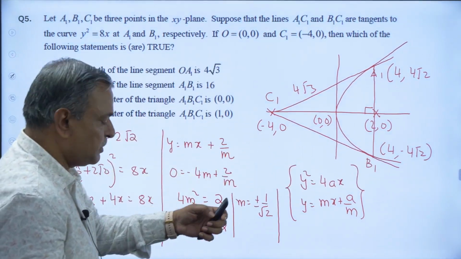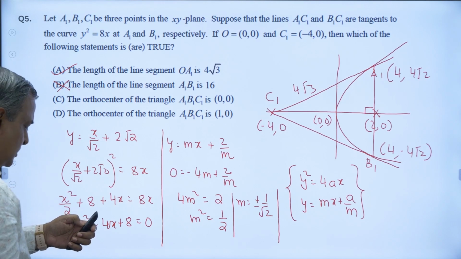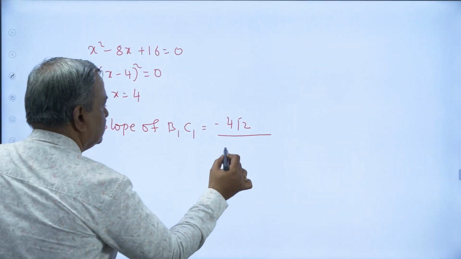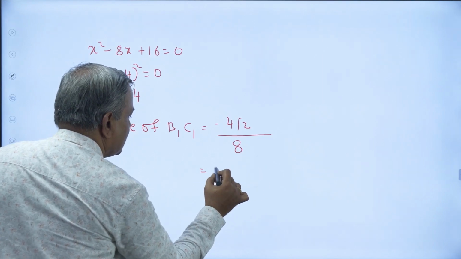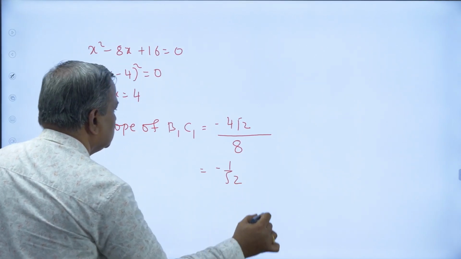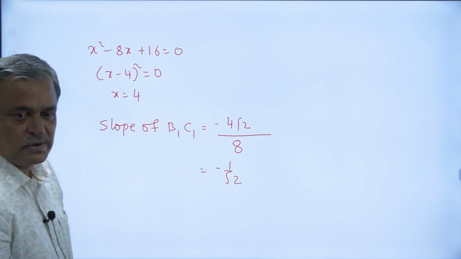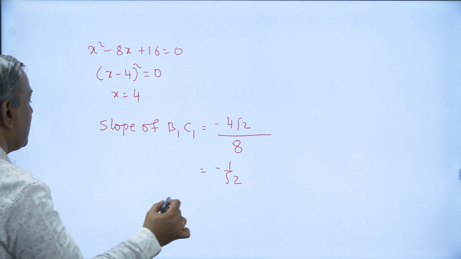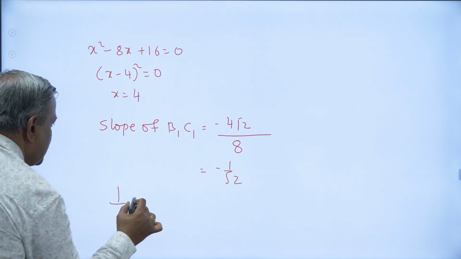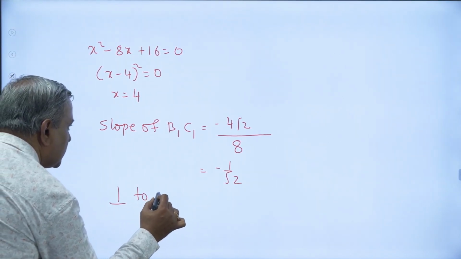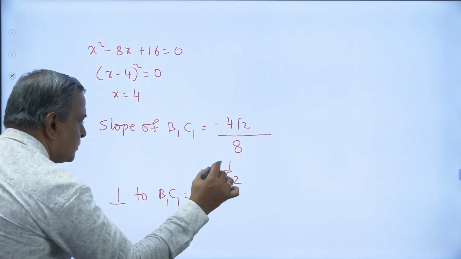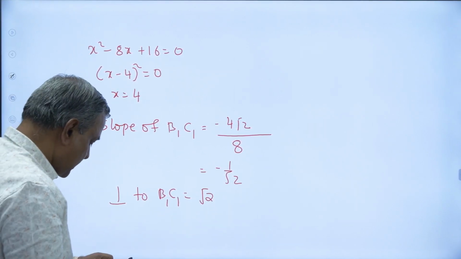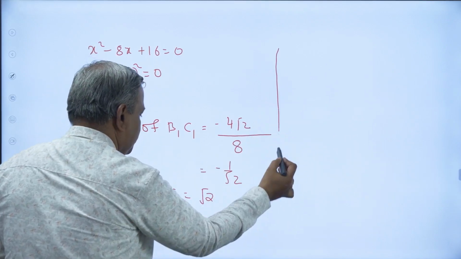Minus minus plus 4 gives 8, so 4 cancels, and the slope of B1 C1 is equal to minus 1 by root 2. We got the slope. What is the perpendicular slope? Perpendicular to B1 C1, the slope is root 2.